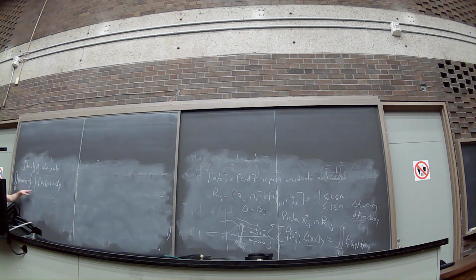How can you characterize a rectangle R? It's x goes from a to b, and y goes from c to d. You agree or not? And you're just integrating f of x, y dx, and then dy.